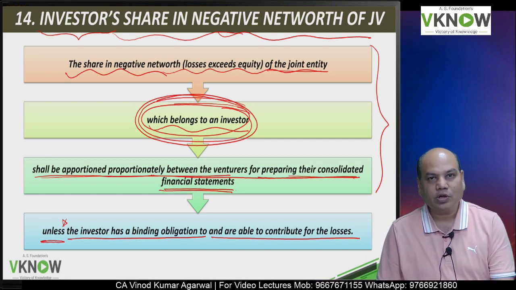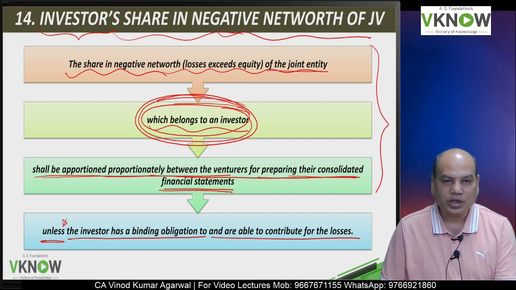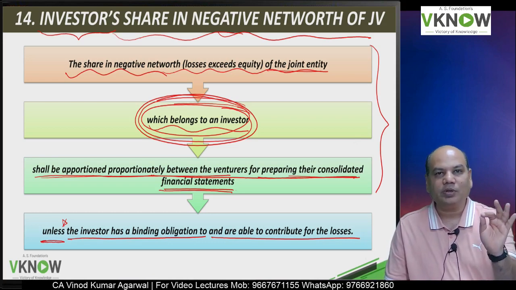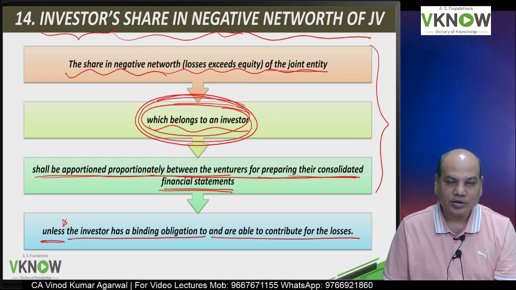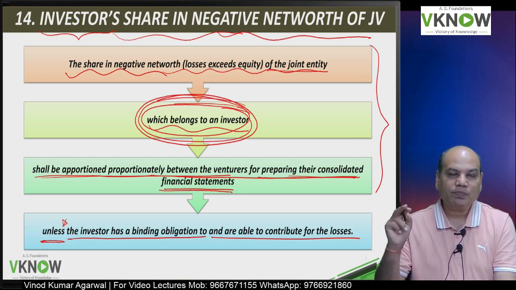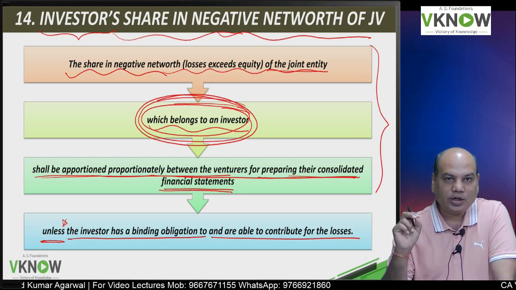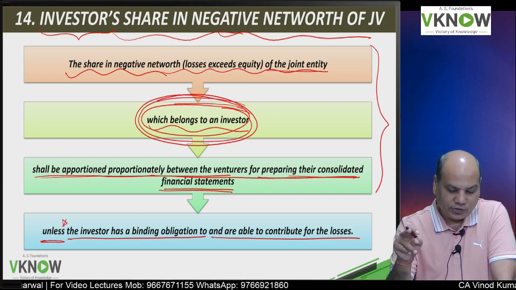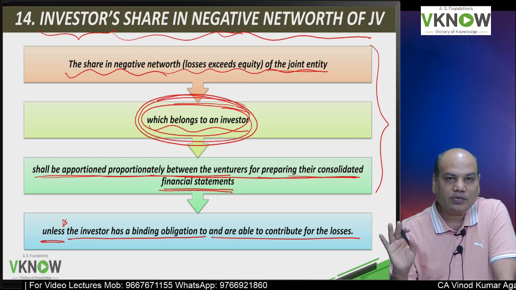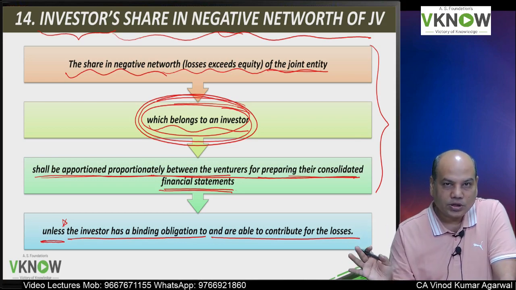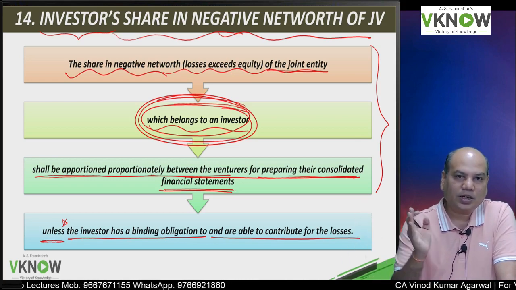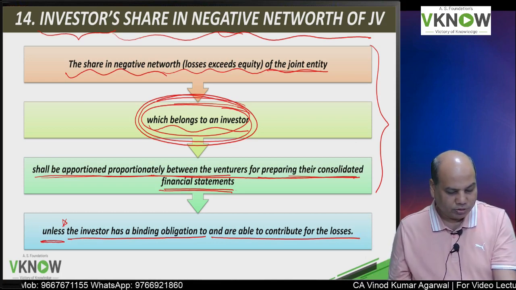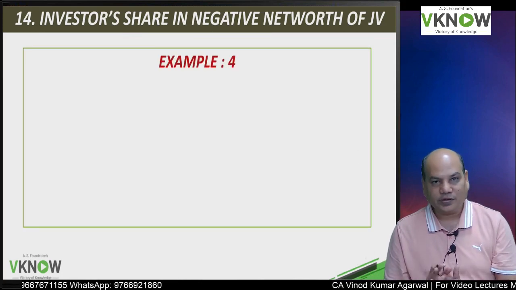The logic is that the investor will not pay more than whatever capital he has contributed. The liability of an equity shareholder is limited to the extent of the capital, nothing more. However, if the investor has given a guarantee or entered into any kind of commitment or obligation, and is able to make good on that, then we are not going to record the losses of the investor in the financial statements of the venturer. So, your question could be, do we have any example on that?